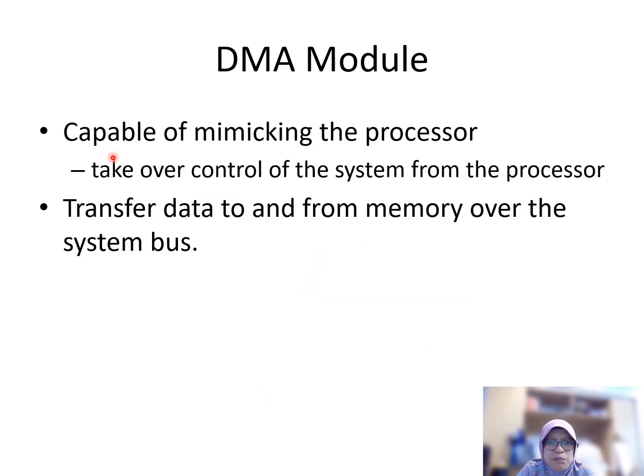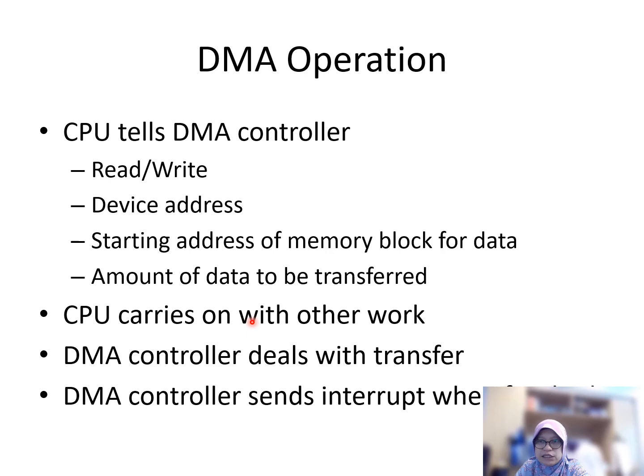The DMA module is capable of mimicking the processor by taking over control of the system from the processor. It needs to transfer data to and from the memory over the system bus, so it needs to make sure to use the system bus while the processor does not use it.